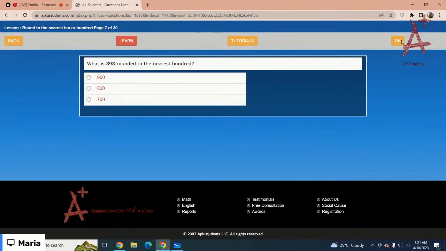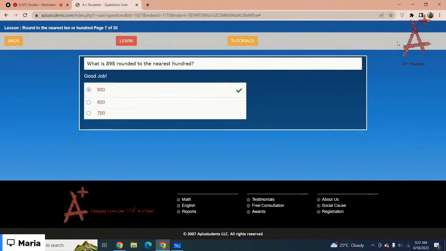What is 898 rounded to the nearest 100? Yes, it would be rounded off to 900.